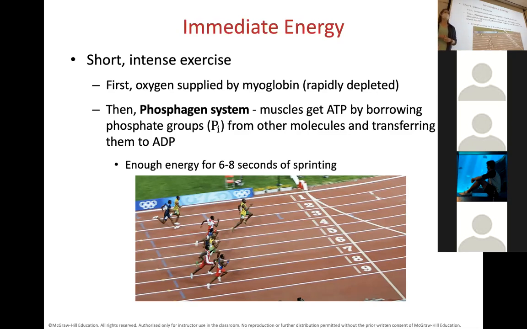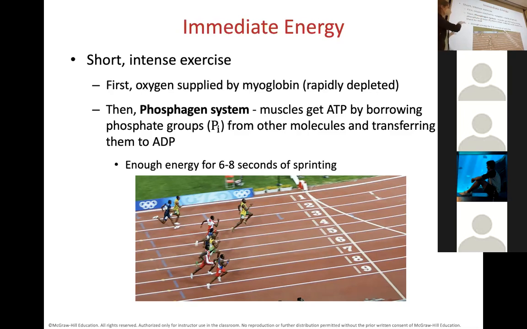So the muscle cells will steal a phosphate group from other molecules to make ADP into ATP. That's why it's called phosphagen. It's kind of robbing Peter to pay Paul, stealing phosphates from other molecules to allow ATP to continue to be made once the myoglobin reserves have been depleted.